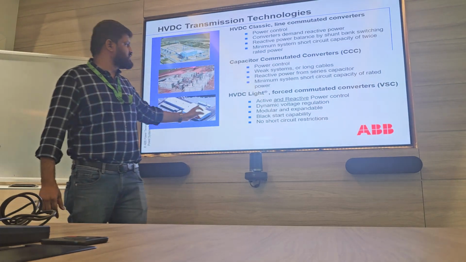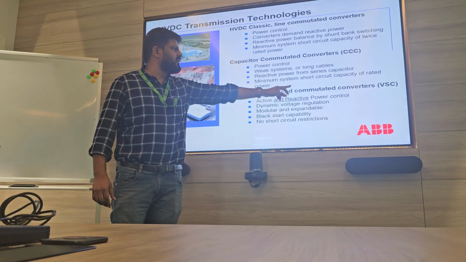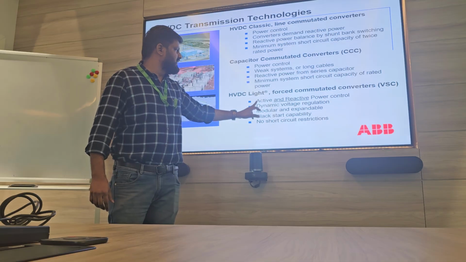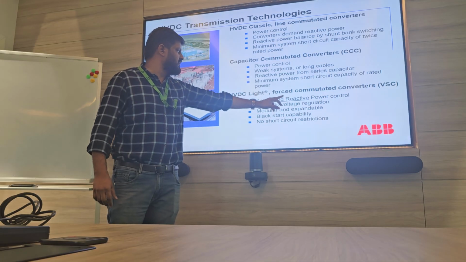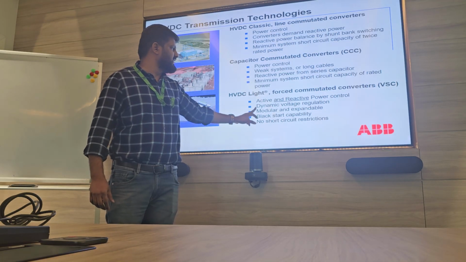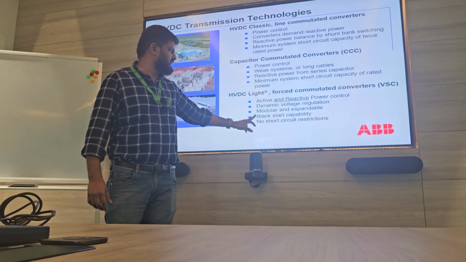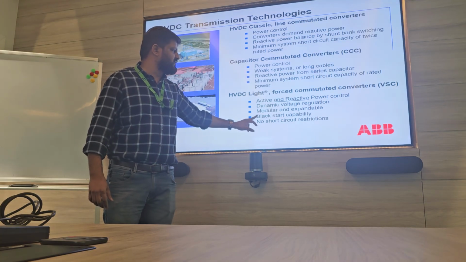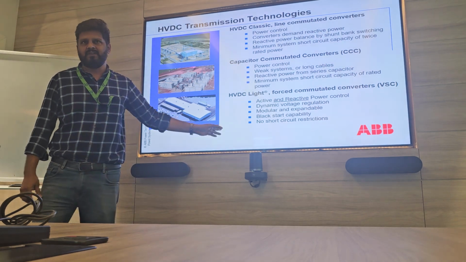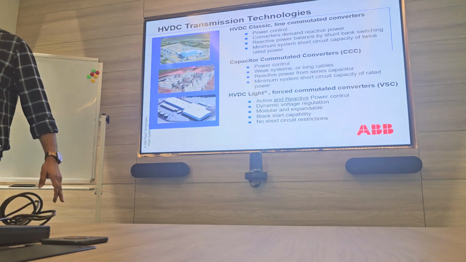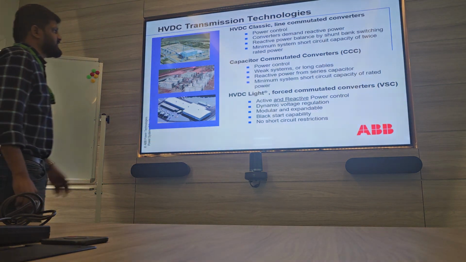And this HVDC Light, we call it force commutated or voltage source converter. It gives both active and reactive power control, easy voltage regulation, and is modular and expandable, with black start capability. We have a very good feature in VSC technology, but we don't have it in LCC.